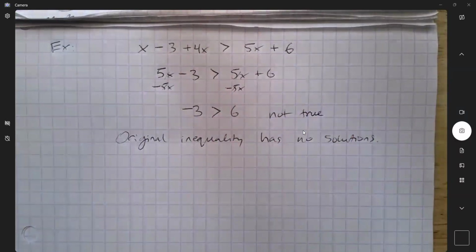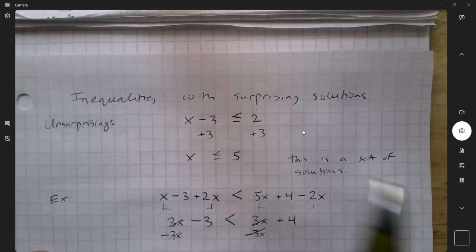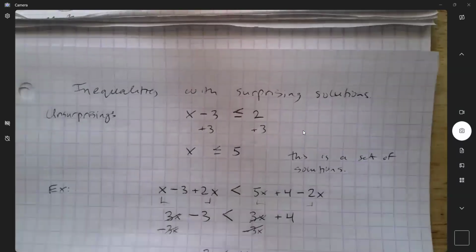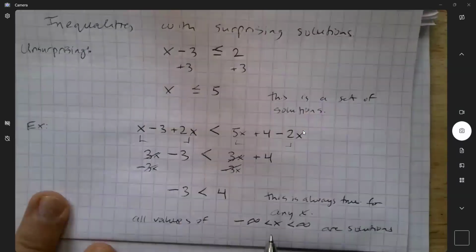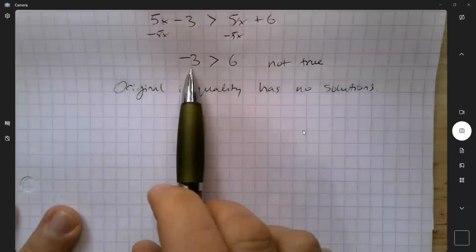The difference between equations and inequalities, the process is the same, the possibilities are the same. You could have a solution set that has a fixed endpoint. You could have all real numbers being a solution set to an inequality, or you could say, nope, that's never true.